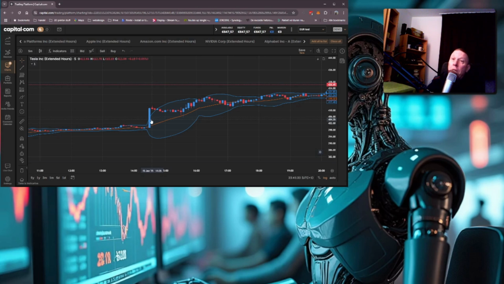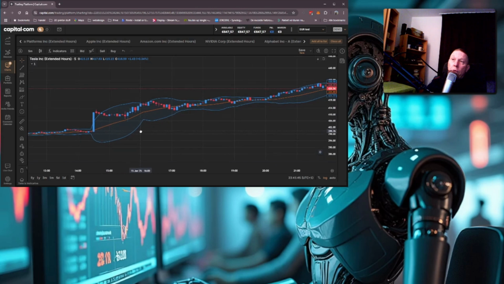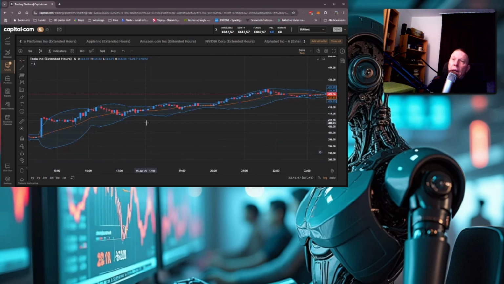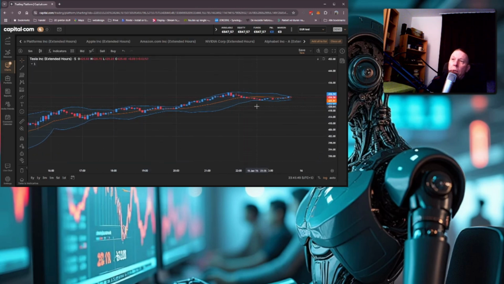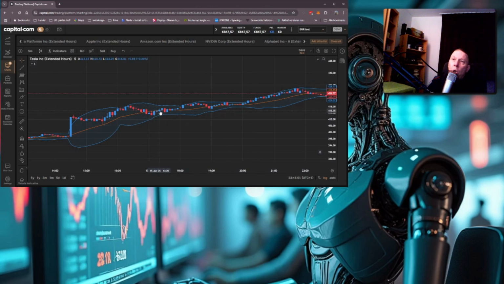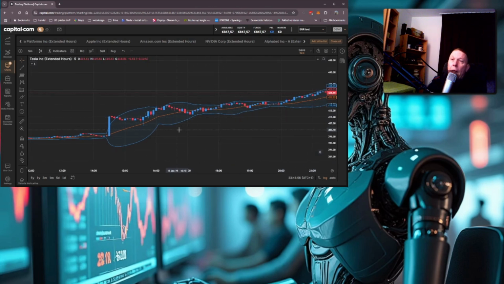So the bot did not pick this up because in front of it was slow. So the MACD would not react to this, and then the bot wouldn't react to it at all. But from that on, it was slowly going up. As you see, we're going up, up, and up, but all with low candles, slow candles.